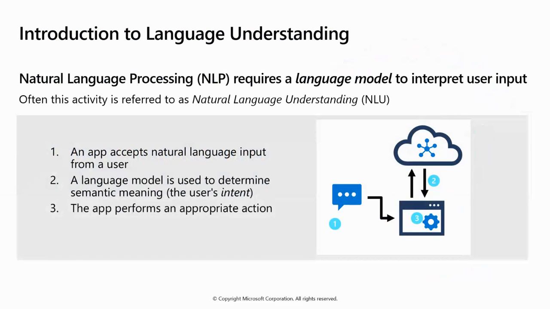Now, natural language understanding is a part of NLP that tries to figure out the semantic meaning of a natural language. This is usually done by using a trained language model. A common design pattern for a language understanding solution is like this.